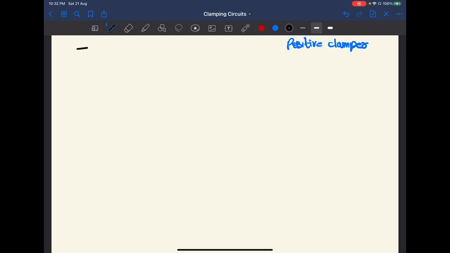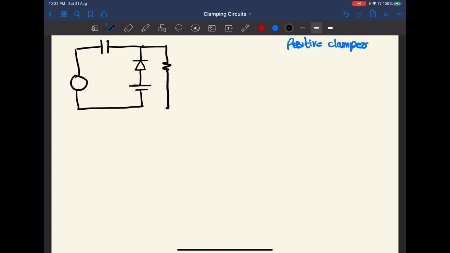We can very quickly draw the circuit. Here it is positive biasing. This is our resistor and this is our Vout. For the time being, assume Vc is here, and here it is Vin. And the reference battery, that is VB, positive here, negative here.